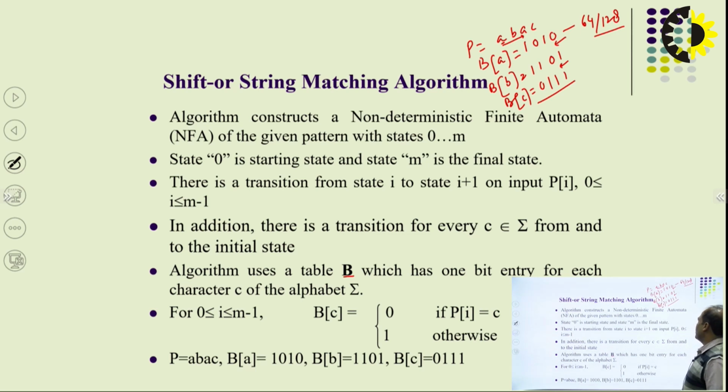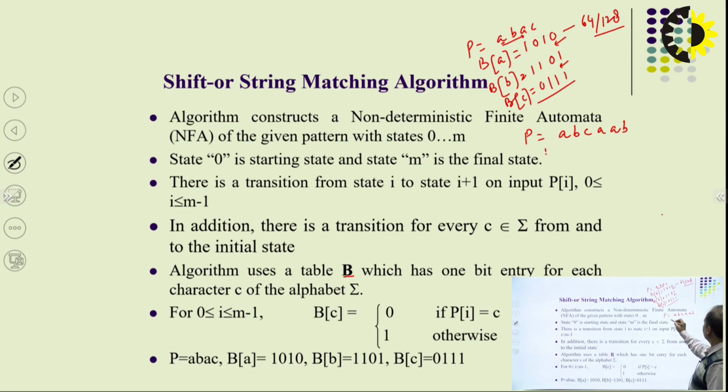This bit information is very important, right? So we can make bit information like this. Let's have another example. Let's say the pattern is A B C A A B. What will be the bit combination for this pattern?